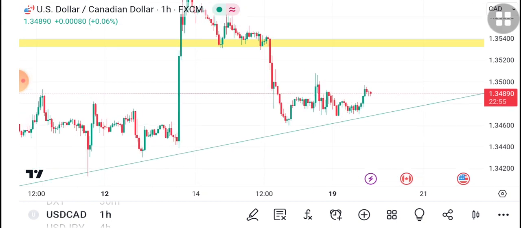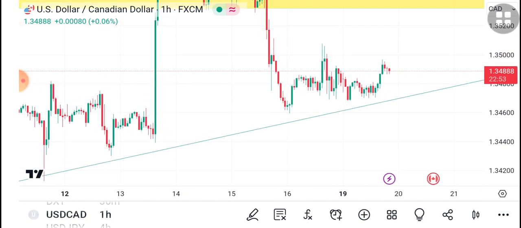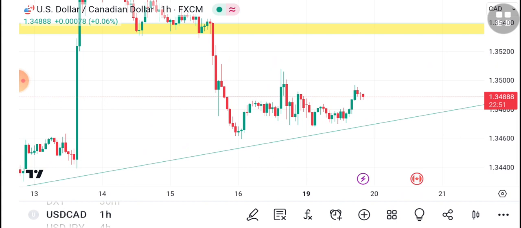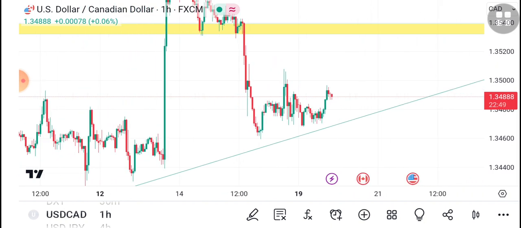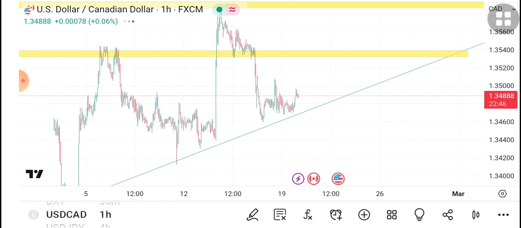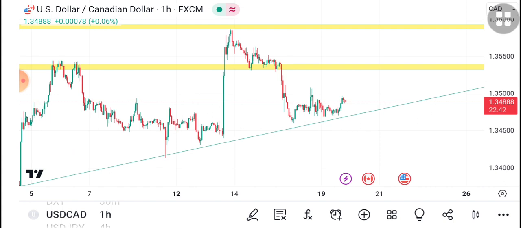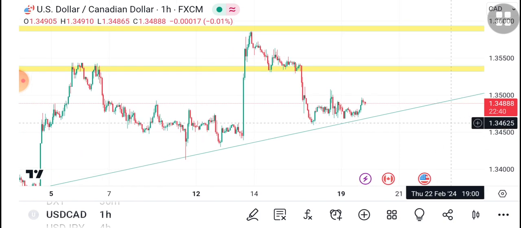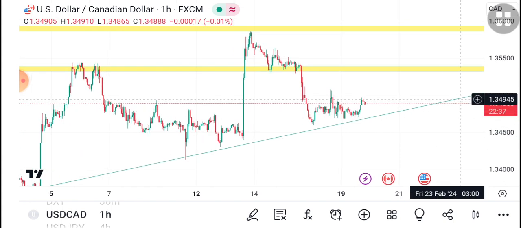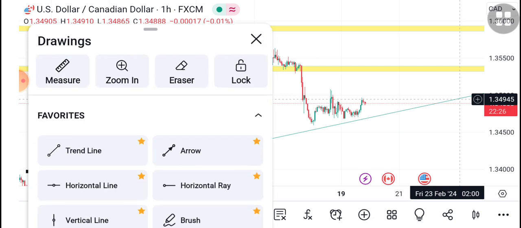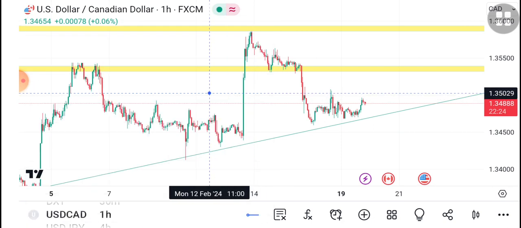So okay, we're in a 1-hour time frame, and now we want to see if we are buying or selling. And why can we say we are buying, or why can we say we are selling? So okay, we have another level here.